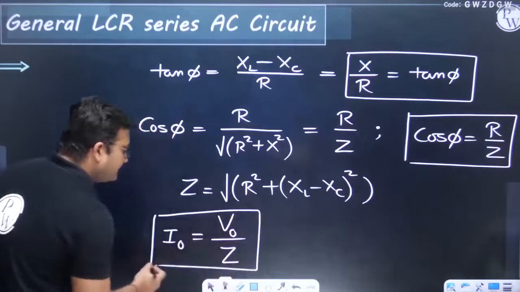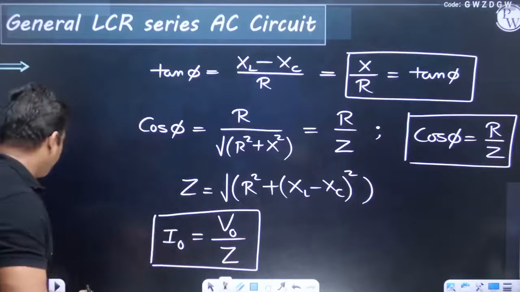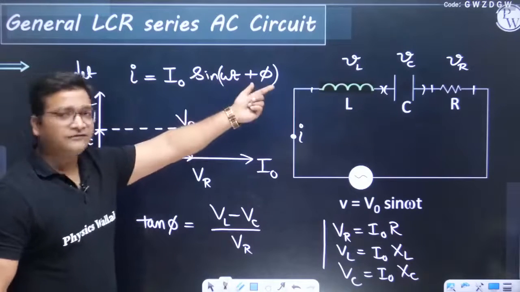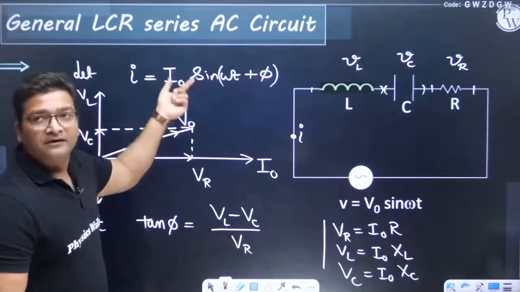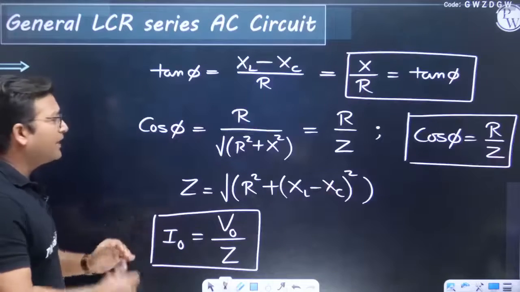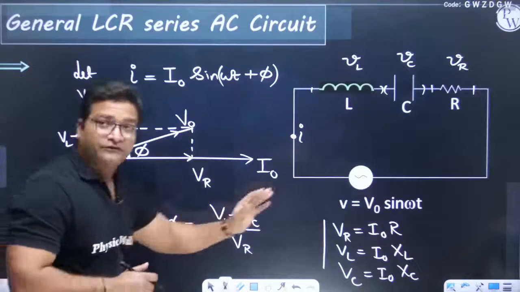So solving AC circuits is not that difficult. First you assume the current like this, you assume its phase difference, you assume its maximum value, and then if you have a series circuit, there is no need to repeat the entire procedure.